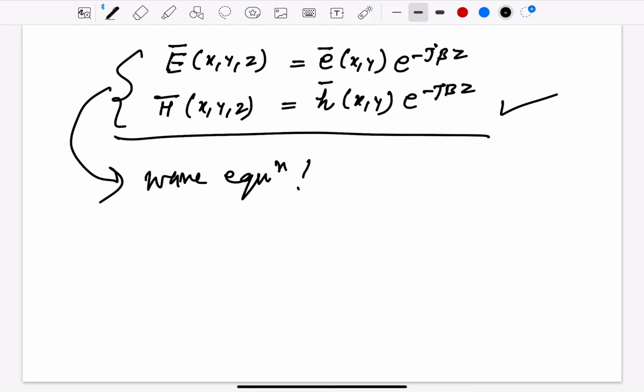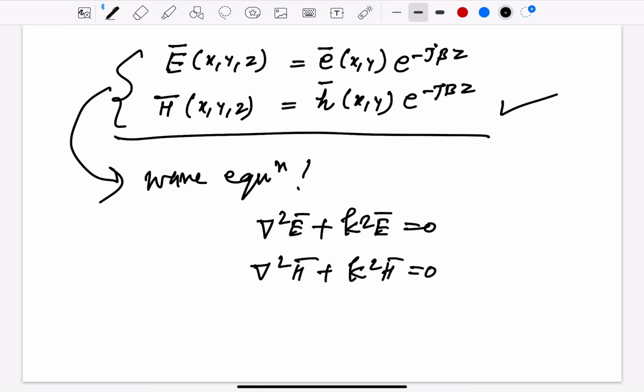So you are supposed to replace those E and H in the wave equation and solve. Let us find a generalized way to solve these, because we have two separate equations. One is del square E plus k square E is equal to 0. Another is del square H plus k square H is equal to 0.